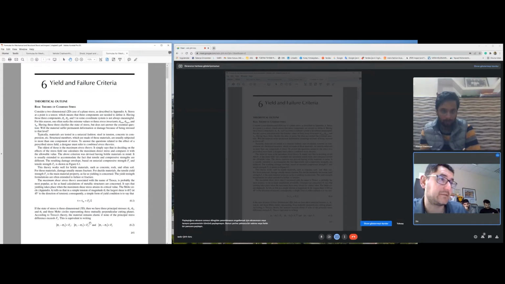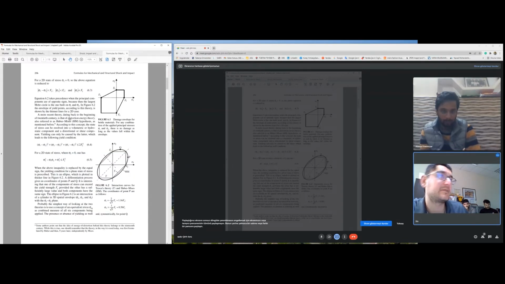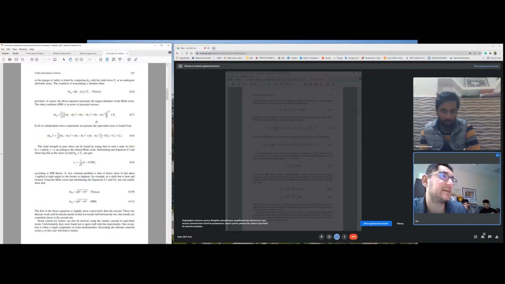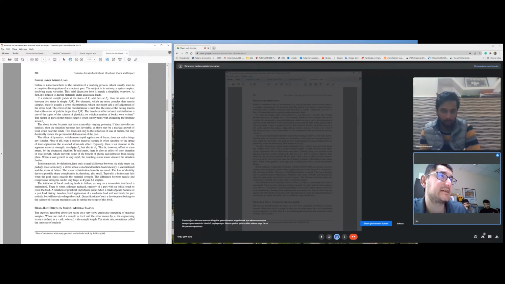Basic theories. Rankine theory, von Mises theory, Tresca. These are general applications. And on page 218, you can see strain rate effects on smooth material samples.